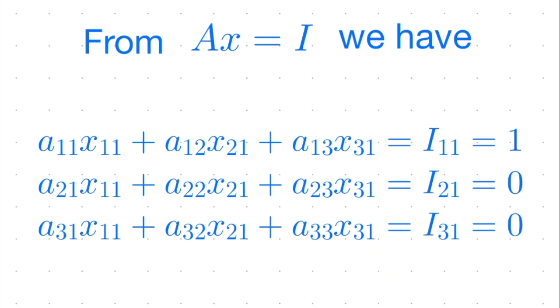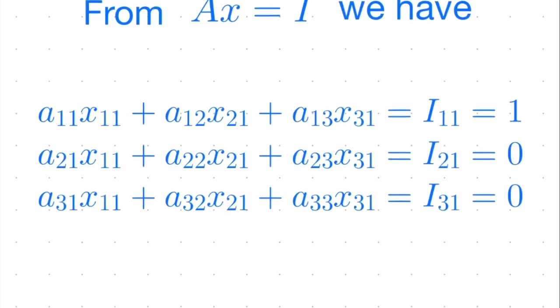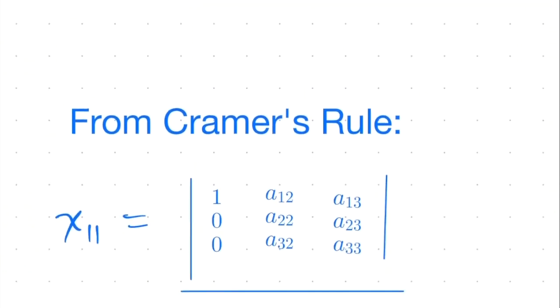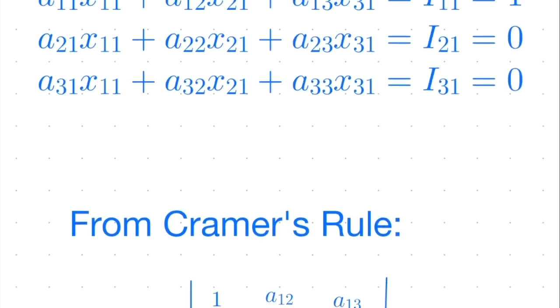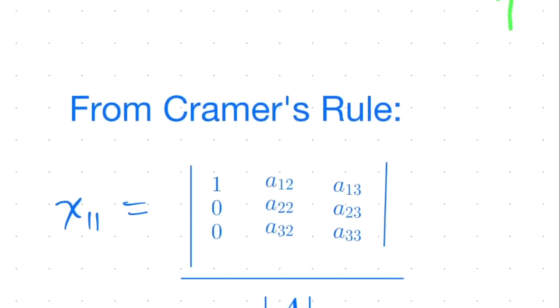Now let's think about how we can solve a system of equations like this using Cramer's rule. Now if you remember how that went, let's maybe start by trying to solve for x sub 1,1. So from Cramer's rule, what we would do is take this matrix A, that is the coefficient matrix, and replace the first column by 1, 0, 0.